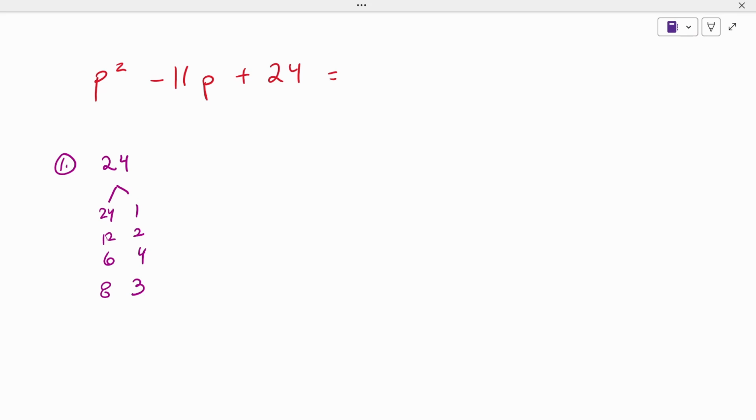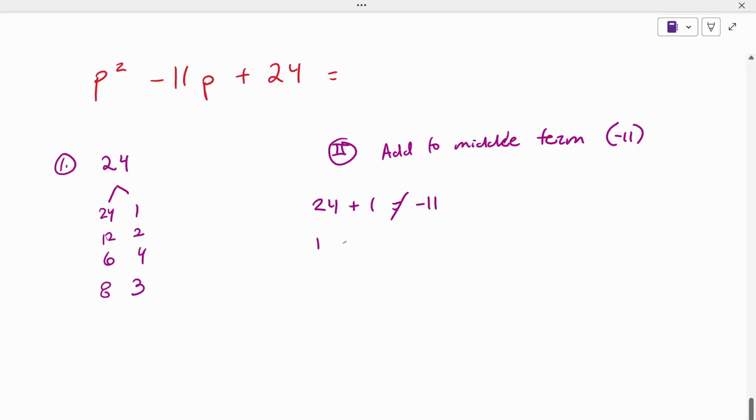Now note, though, that for step 2, you've got to add to the middle term. And your middle term happens to be a negative 11. So the problem here is that 24 plus 1, that doesn't equal negative 11. 12 plus 2, that doesn't equal negative 11. 6 plus 4, that doesn't equal negative 11.